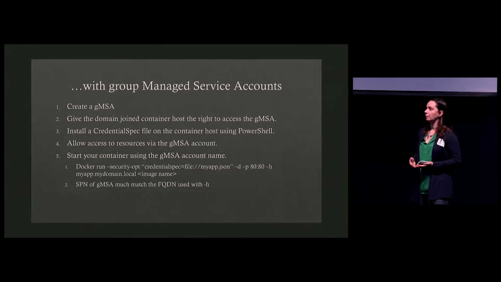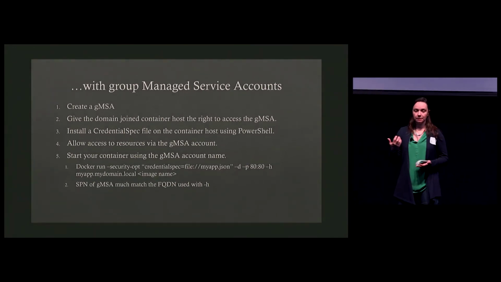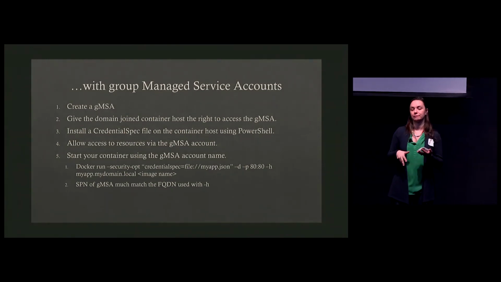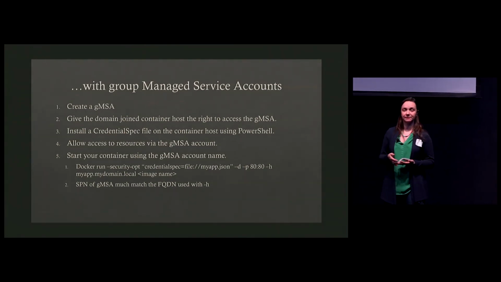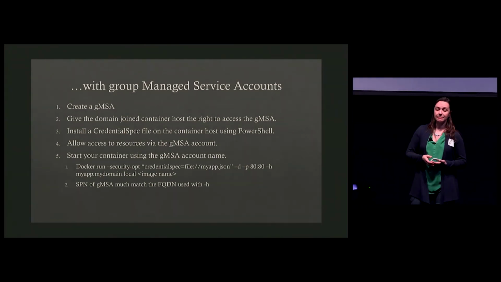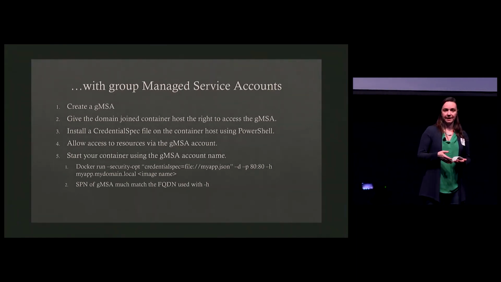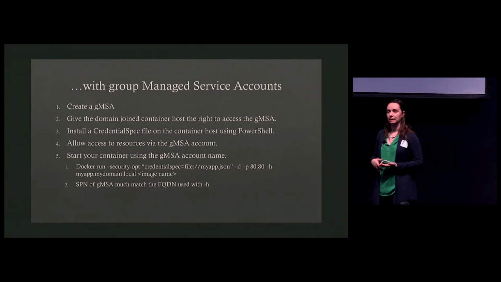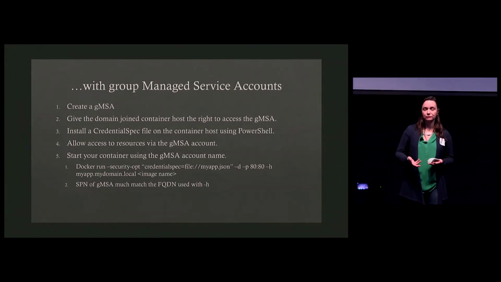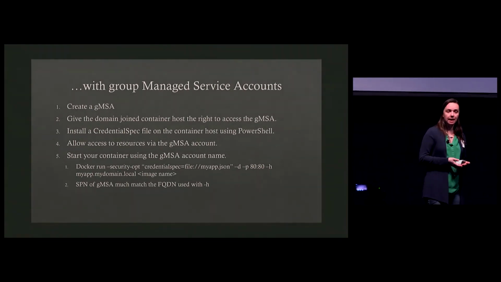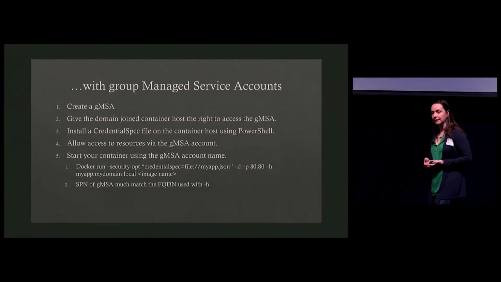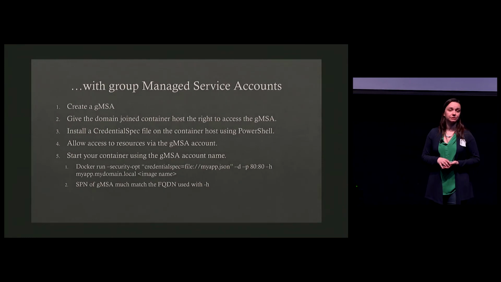So Docker has made some feature enhancements to allow the ability to wrap a different credential specification around the container that it runs under. And it takes advantage of a domain-joined container host to access domain-specific permissions to do things. IIS works generally pretty well. Some of the other legacy workloads have some challenges to them.